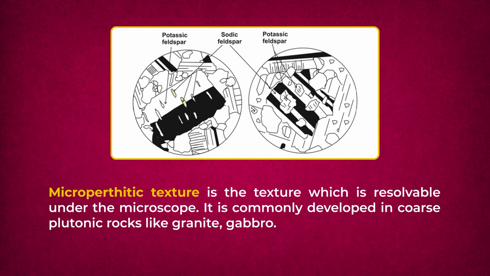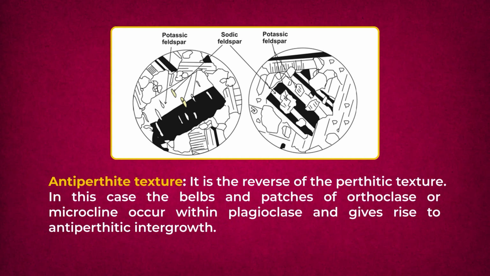It is commonly developed in coarse plutonic rocks like granite and gabbro. Then I have discussed perthite and microperthitic textures. But there is another variety called antiperthitic texture. In this case, it is the reverse of the perthitic texture. The blebs and patches of orthoclase or microcline occur with plagioclase and give rise to antiperthitic intergrowth.